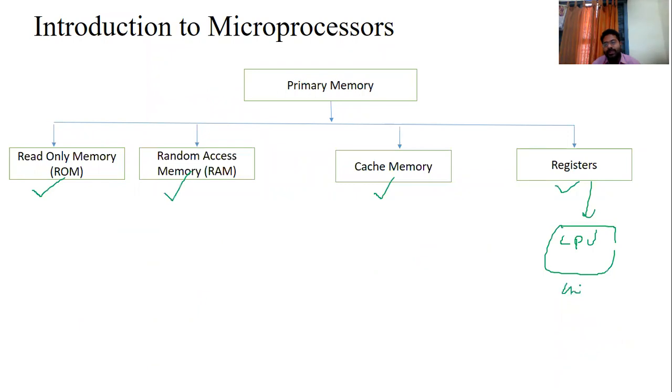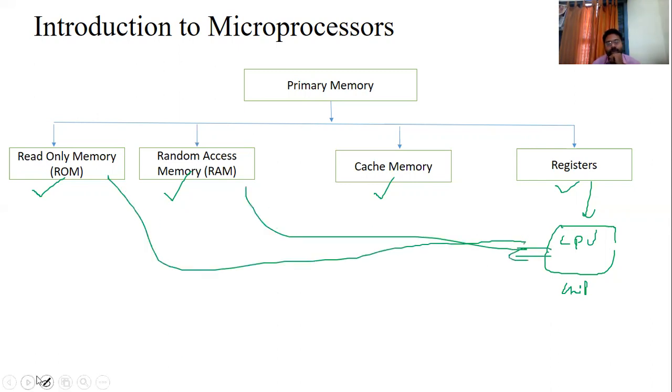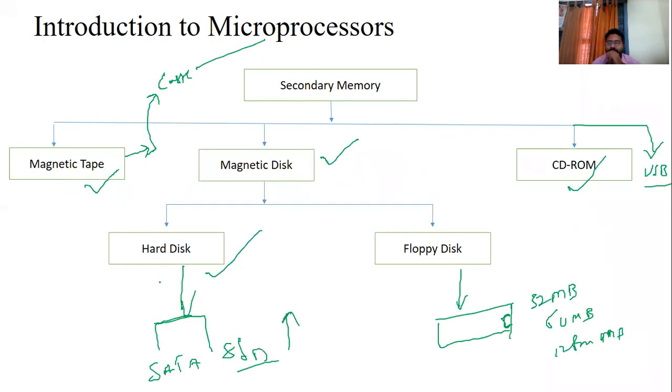By using some interfacing, the RAM and the ROM are connected to this device. Then what is the secondary memory? Nowadays, when you buy any cell phone and other devices.